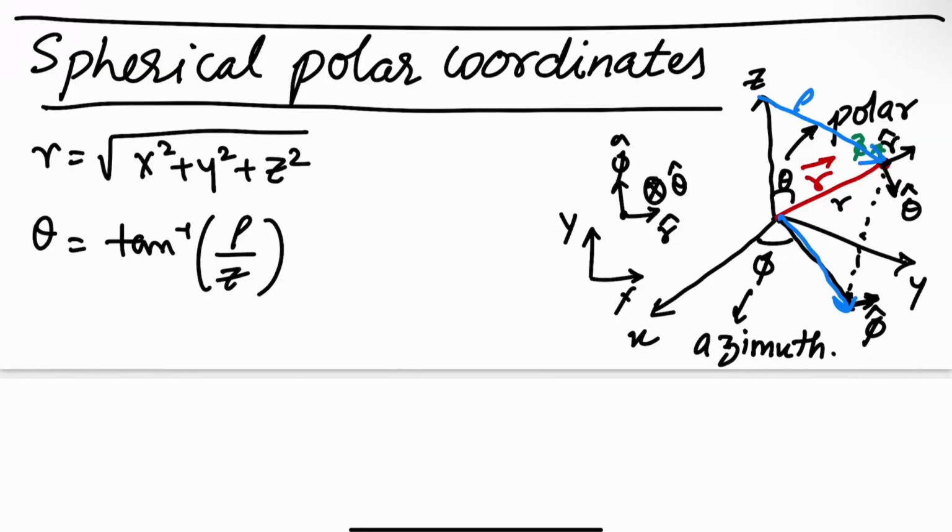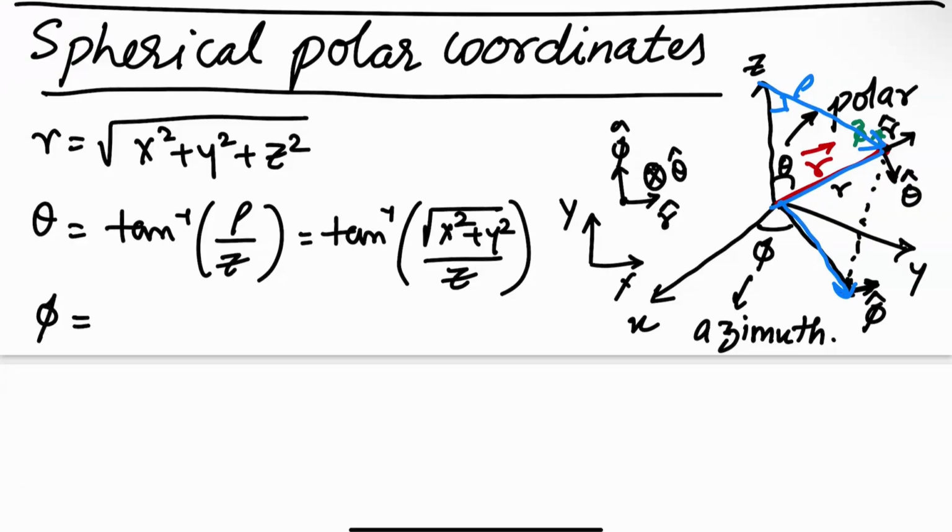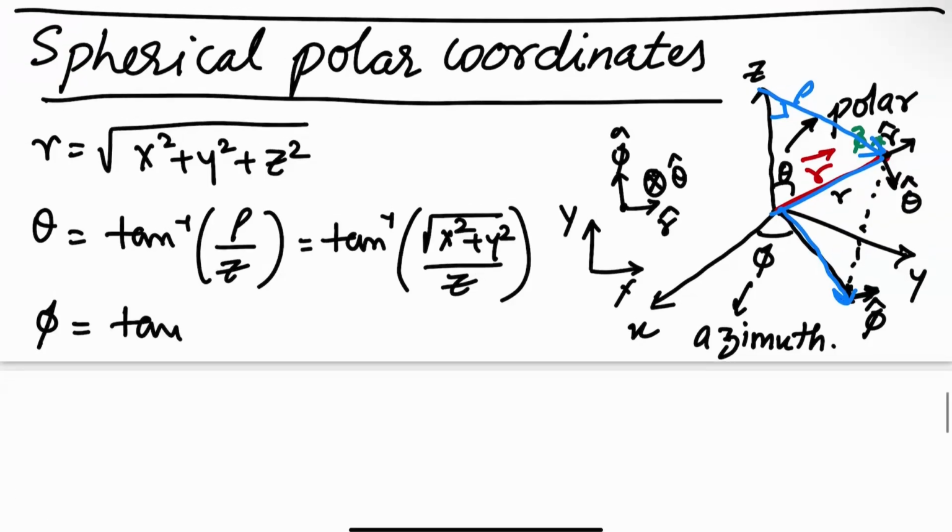So tan theta is rho over this length, because this would be a right angle. That is nothing but tan inverse of the square root of x squared plus y squared over z. And phi is the same as before, the same as for cylindrical coordinates, nothing but tan inverse of y over x.